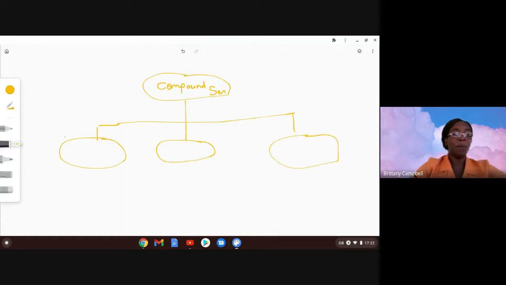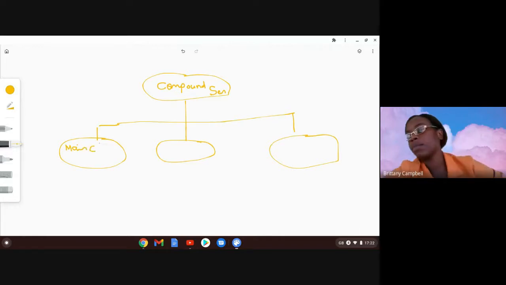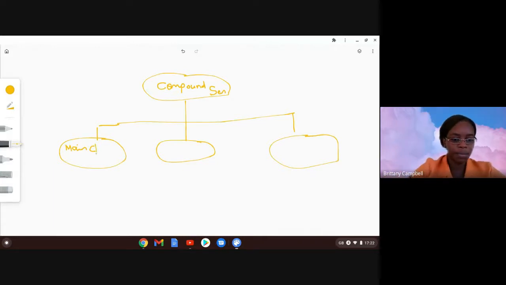So with the compound sentence, you have a main clause, which is also known as the main clause for the simple sentence. So we have a main clause. And guess what we have again? Coordinating conjunctions.